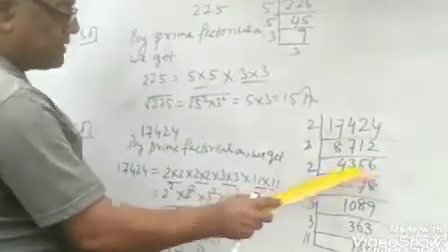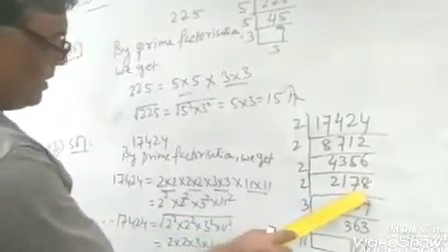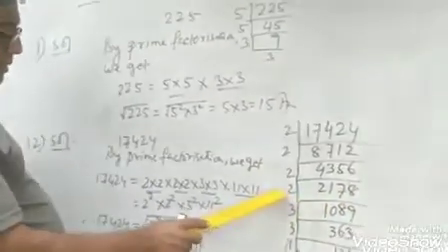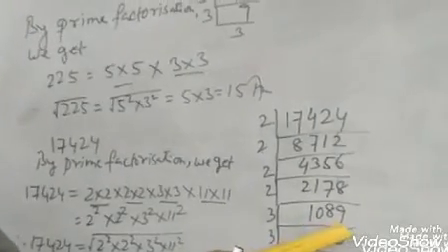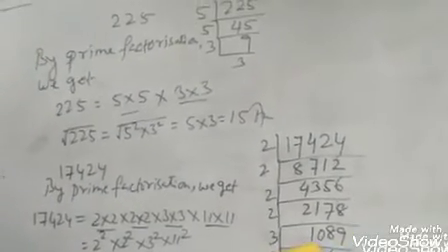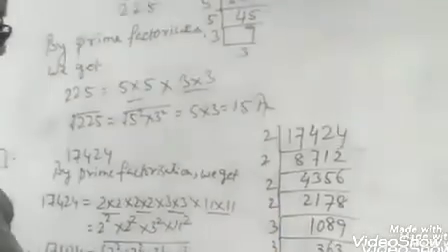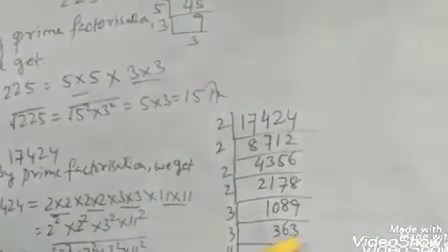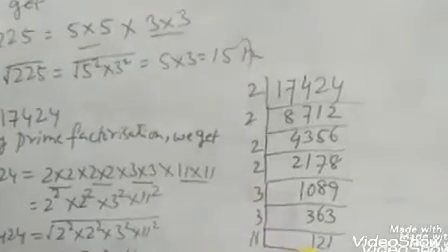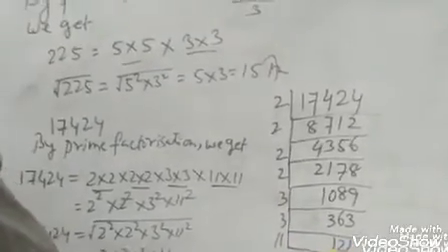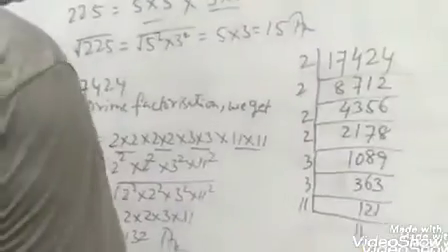Next 4356 divided by 2, quotient is 2178. 2178 divided by 2, quotient is 1089. Next 1089 divided by 3, quotient is 363. 363 divided by 3, quotient is 121. That means 121 divided by 11, quotient is 11.